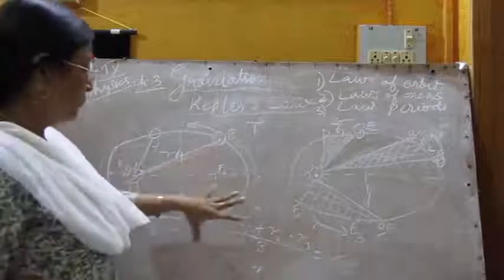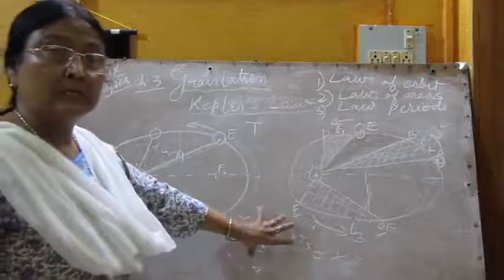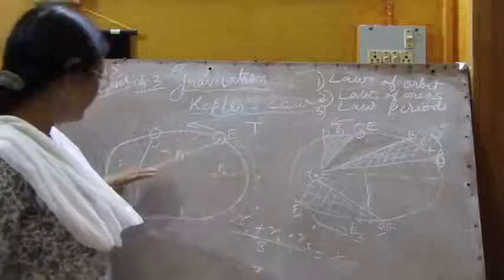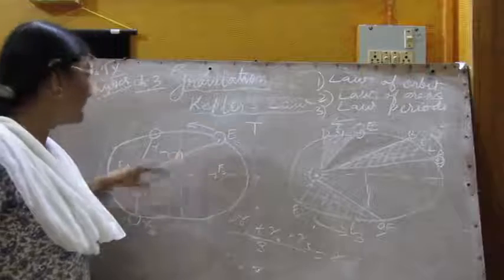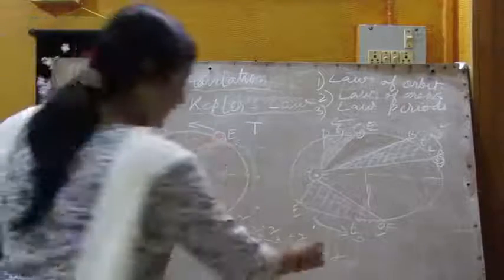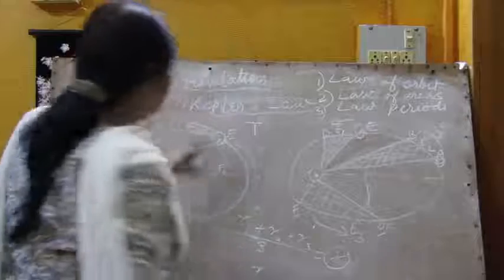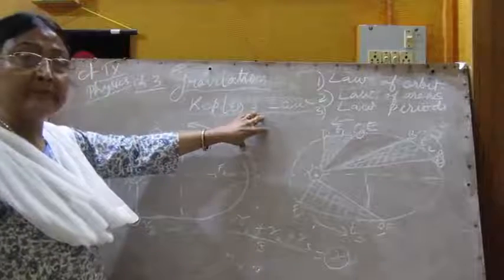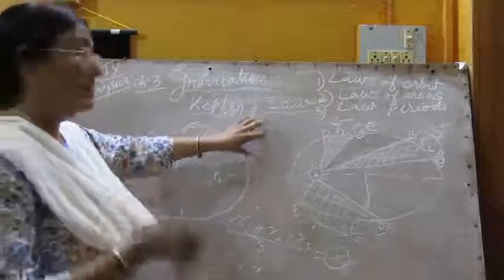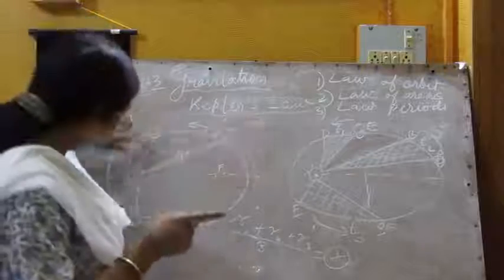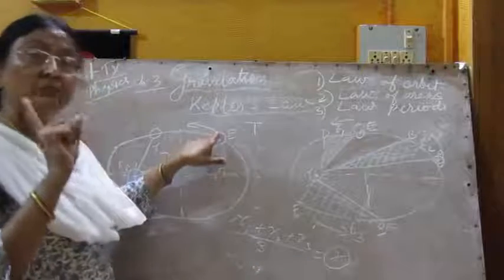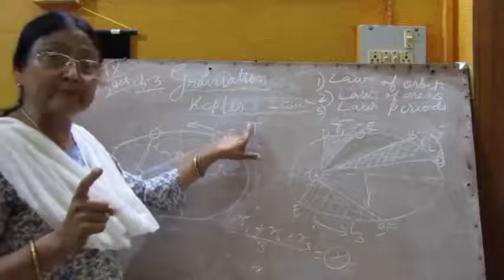So that's why he said the mean distance of the line joining the sun and the earth is called R. And T is the time period, meaning the time taken by the planet to revolve around the sun once. Clear?